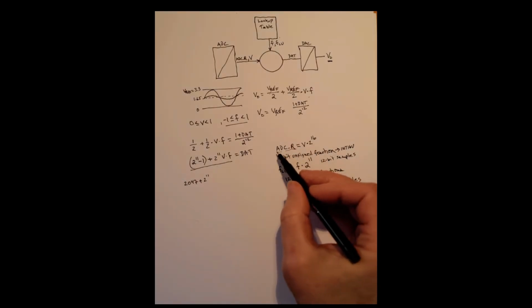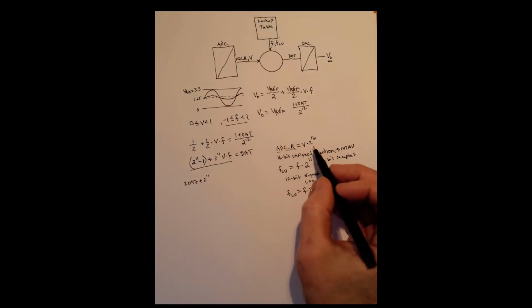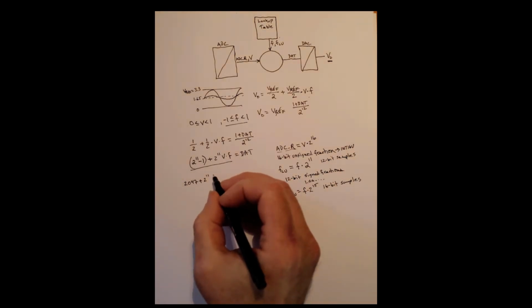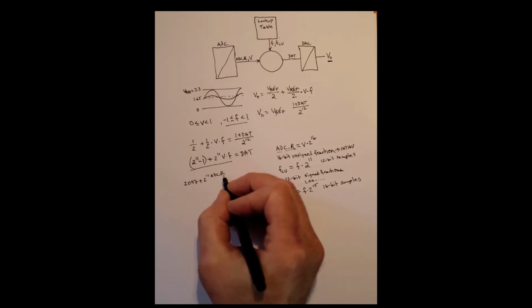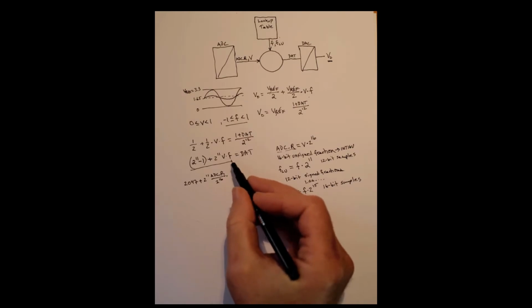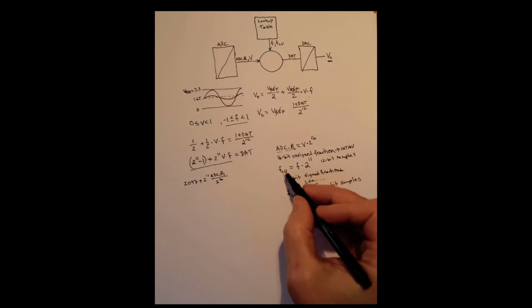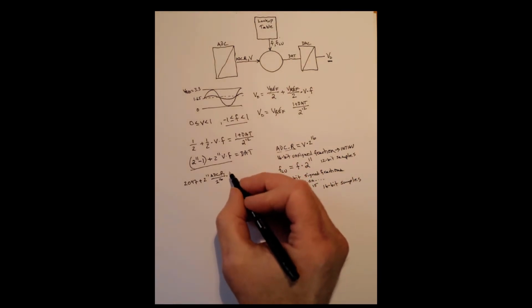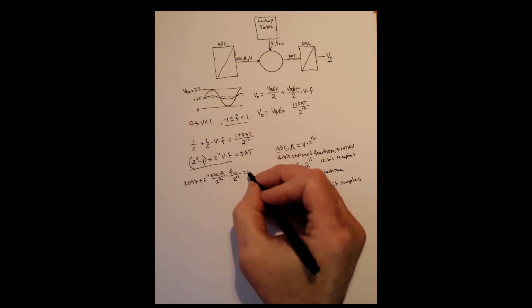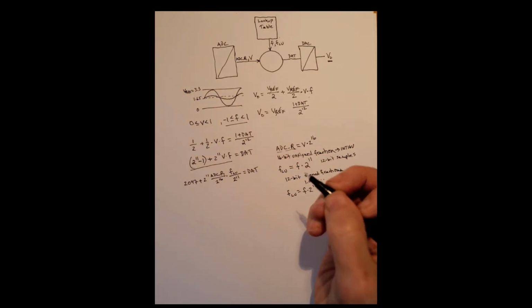Okay, V is now this A to D sample divided by 2 to the 16, so that's ADCR divided by 2 to the 16 times the function, which is now equal to the lookup table value divided by 2 to the 11. So that's the function from the lookup table divided by 2 to the 11. And that is equal to the D to A input.